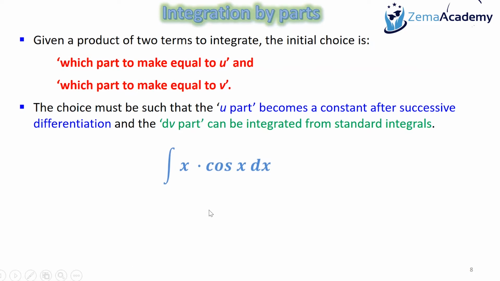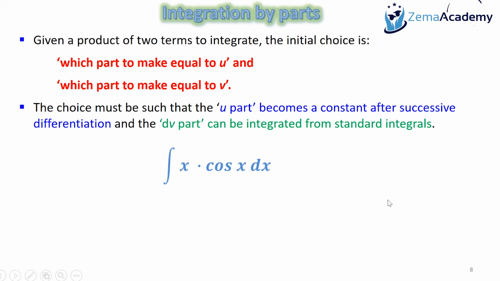So here, let's see. This is integral x cos x dx. So here one function is x, the other function is cos x. Now, if you look at it, I want to make one of the functions equal to u. Now, which of the functions should be taken as u? Anyone would like to?